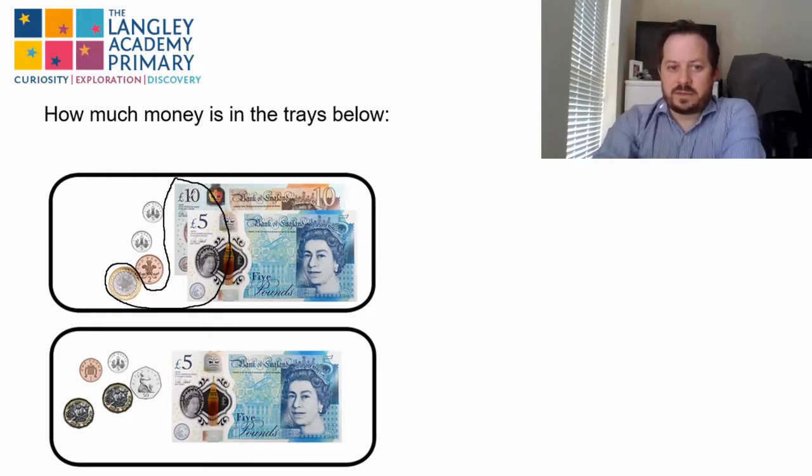So in total, we have 10 plus 5 plus 2, which is £17. We also have these coins left over. These coins all relate to pence. So we also have 2 5p's and a 2p coin. 2 5p's are 10p plus a 2p is 12p.